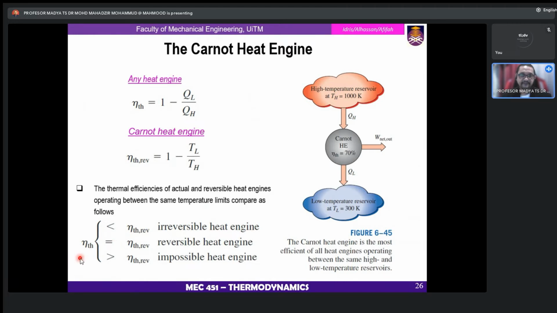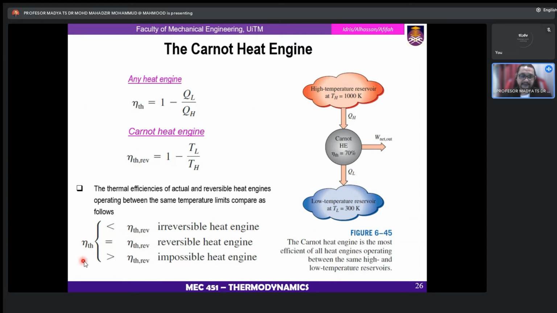When the thermal efficiency of the heat engine is less than the thermal efficiency of the reversible heat engine, it can be categorized as an irreversible heat engine. When the thermal efficiency of the calculation is equal to the thermal efficiency of the reversible one, it is called a reversible heat engine.